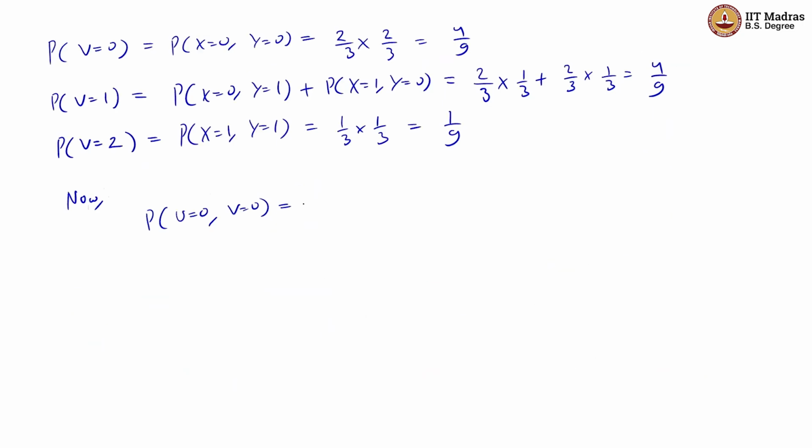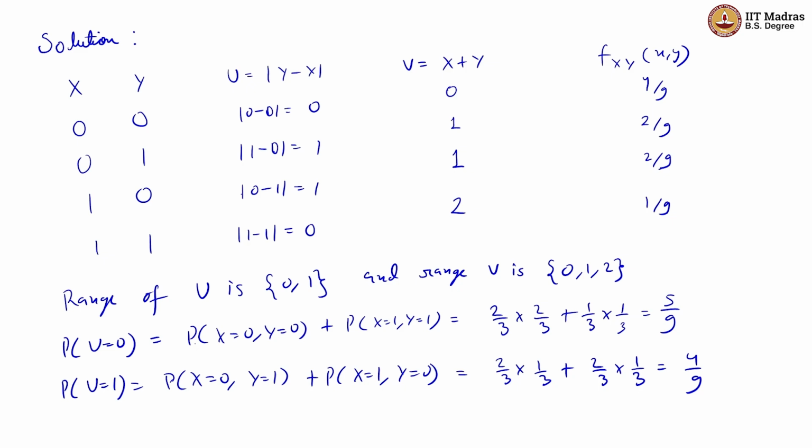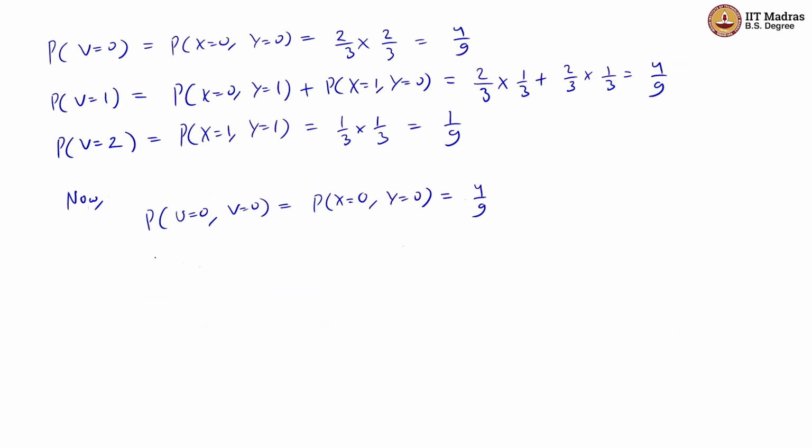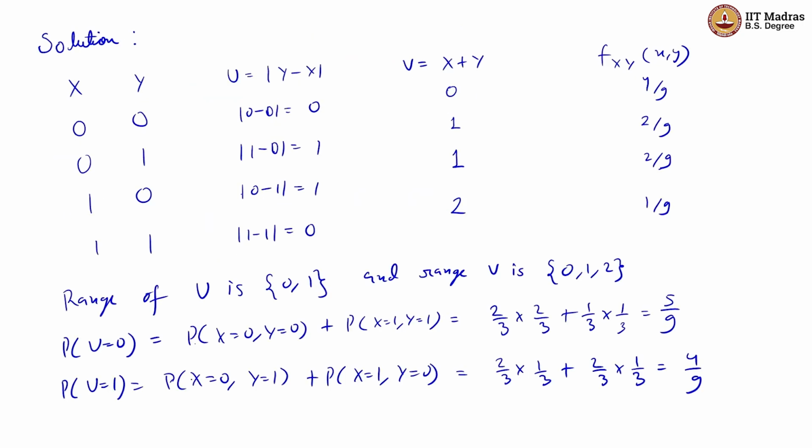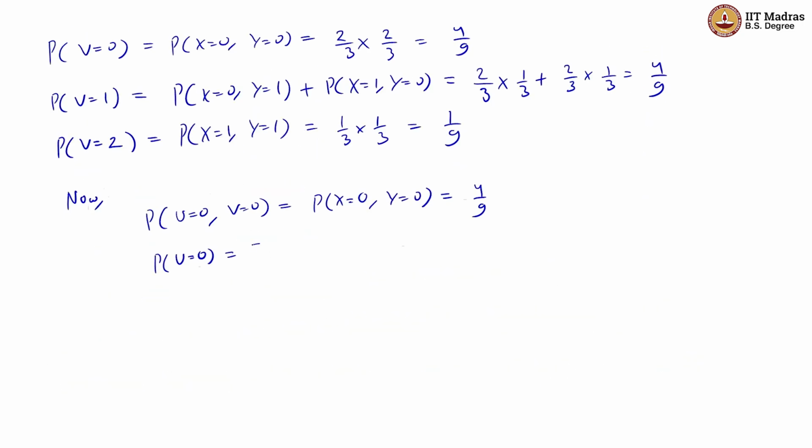So the probability u is equal to 0, v is equal to 0 will be equal to probability x is equal to 0, y is equal to 0, and from the table this probability is equal to 4 by 9, and the probability u is equal to 0, this we just calculated, this is equal to 5 by 9, and the probability v is equal to 0, this also we just calculated, and this is equal to 4 by 9.